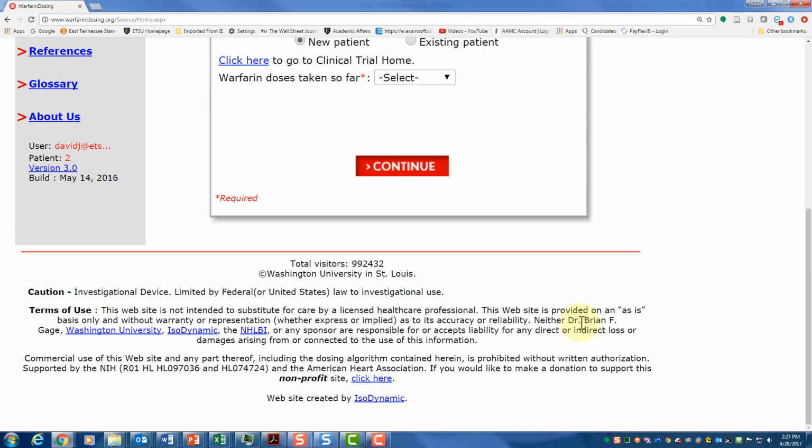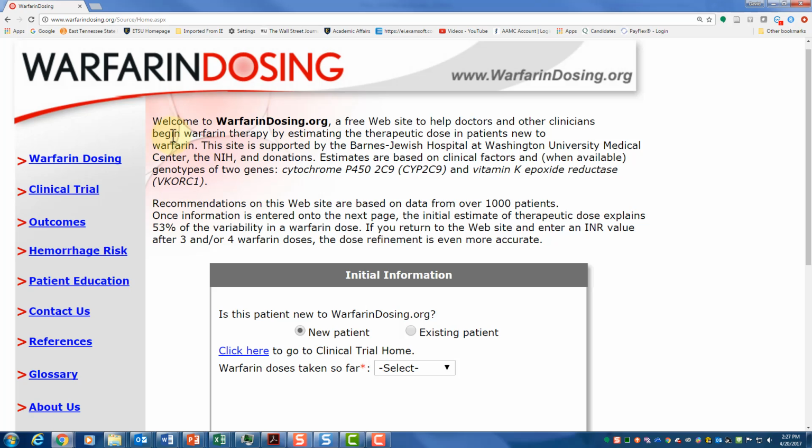It was developed initially by Dr. Brian F. Gage at Washington University and supported by the NIH. So it's been used by almost 1 million people so far, and there's an ongoing clinical trial. And if you have patient data, you can aid in that ongoing clinical trial.